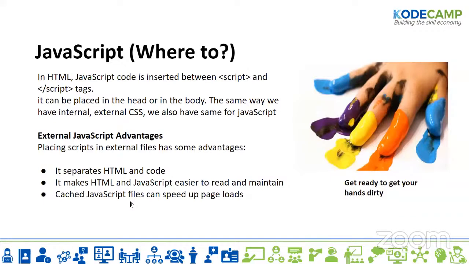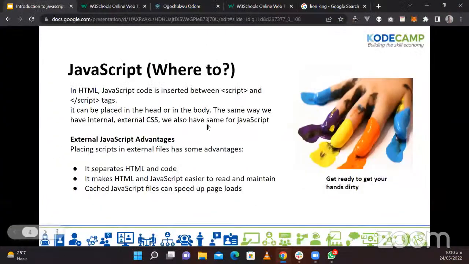Your page is kind of slower if you have to wait for the internet to go to the CDN, get the Bootstrap link and load it. If your JavaScript is saved on your browser, your page can load faster. So I am going to go back.